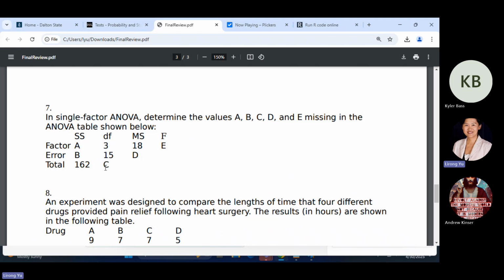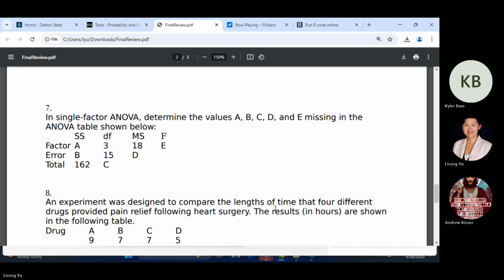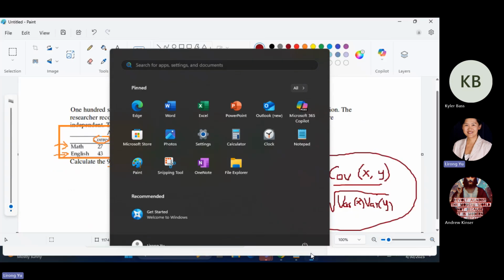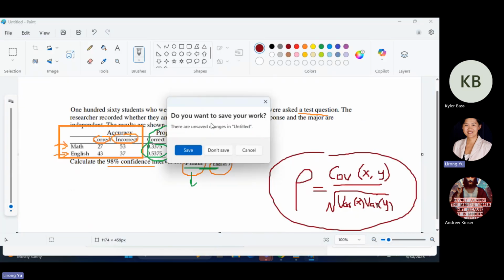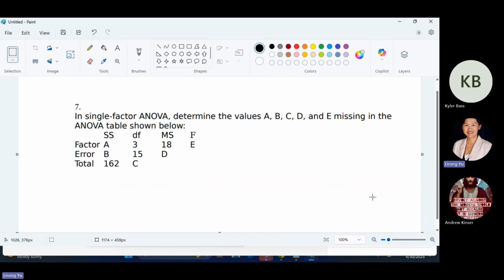Number 7, we were supposed to run ANOVA. Well, the ANOVA is done. We will try to understand it. That's more of a question that we were doing in our statistics class when we studied the procedure.